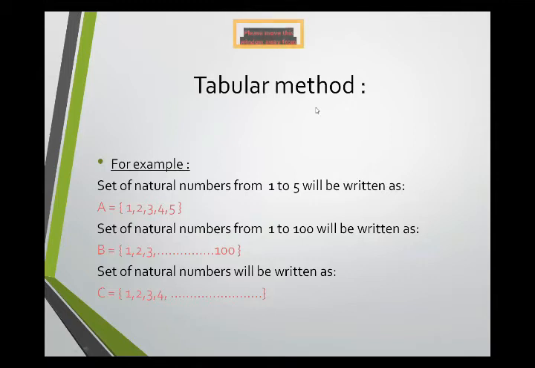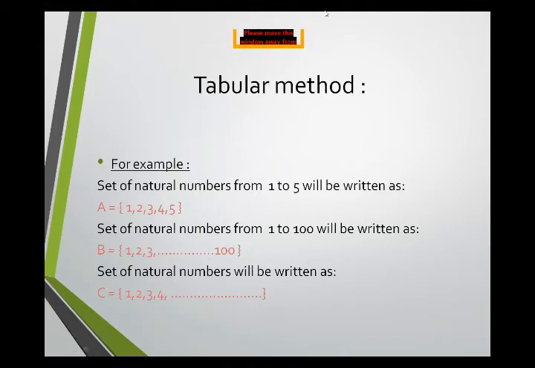The first one is the set of natural numbers from 1 to 5, which will be written as: set A is equal to, braces, and we write there 1, 2, 3, 4, and 5. As we know that in tabular form the numbers are separated by commas, so we separate these numbers by commas, and there are braces.